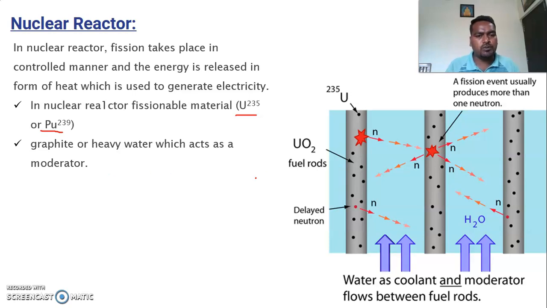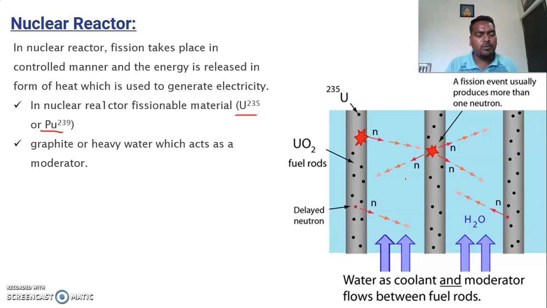So you just observe here. Usually we use water, so water or graphite rod as a moderator. If you pass the neutron through water, the velocity of the neutron is reduced, or it slows down, and it slowly bombards. When it bombards with high velocity, that much energy is not produced.